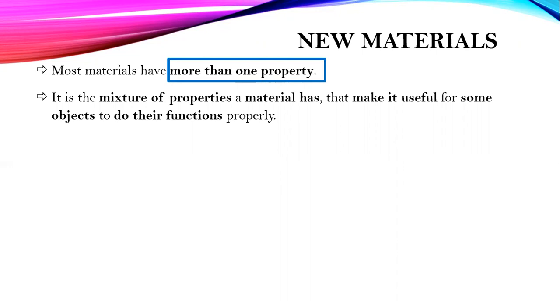It's hard because it cannot be scratched easily, but it's weak because it can be broken easily. So this is a material which could have more than one property. In other words, a mixture of properties makes the material useful for some objects to do their jobs properly.